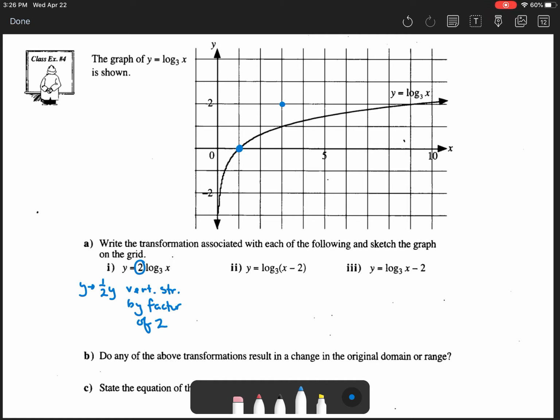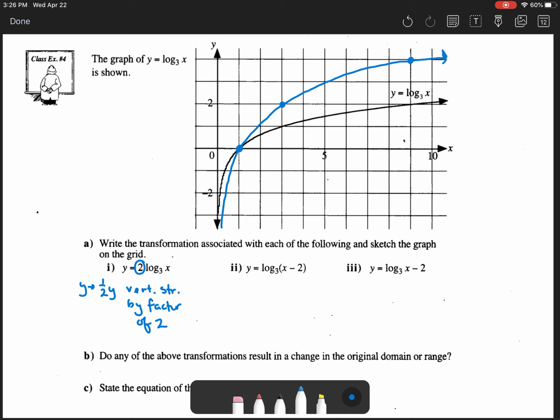So I take the graph that's provided for me and I stretch everything vertically by 2, multiply the y values by 2. That x-intercept is not going to go anywhere. I can take the point at 3, comma 1, and it'll go to 3, comma 2. Then I can take the point at 9, comma 2, and it'll go to 9, comma 4.